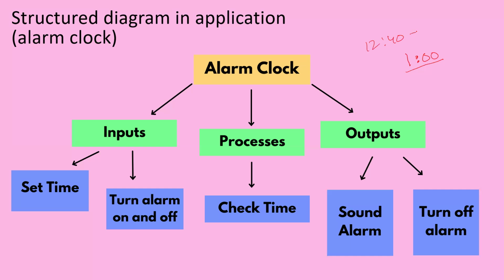After every probable 5 seconds, you're going to check whether we have reached 1 o'clock, adding 5 more seconds on it, whatever the total is, and then going to check it again.